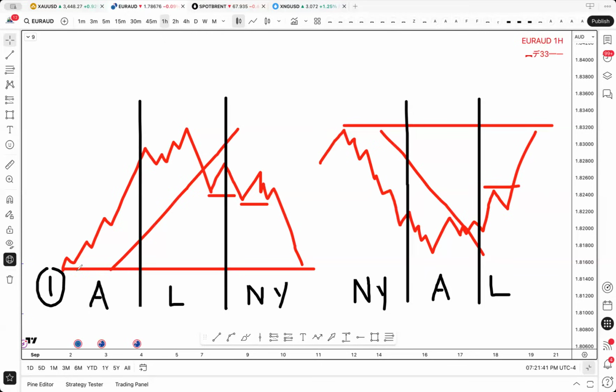So if this is Asia, I want to see Asia give me a low of day and start pumping. I want to see London give me a high and start breaking structure or shorting.